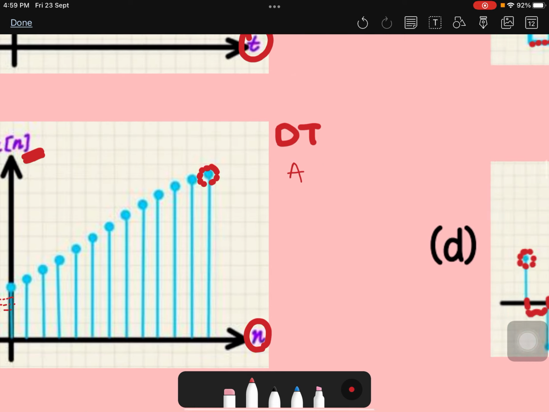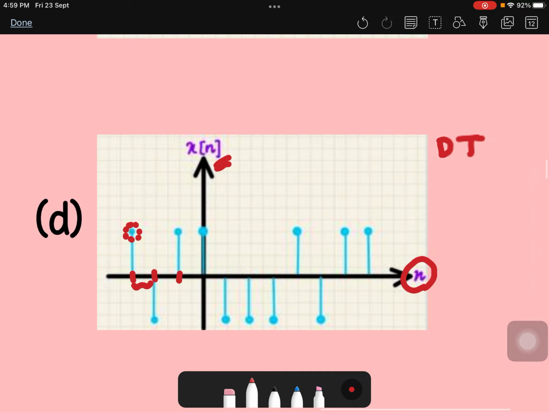Now if we look at the signal in figure D here, you can see that the amplitude varies between only two values. Let's say maybe this is positive 5, and this value, let's say maybe this is minus 5, for example. So at this time, T1, the value is positive 5.